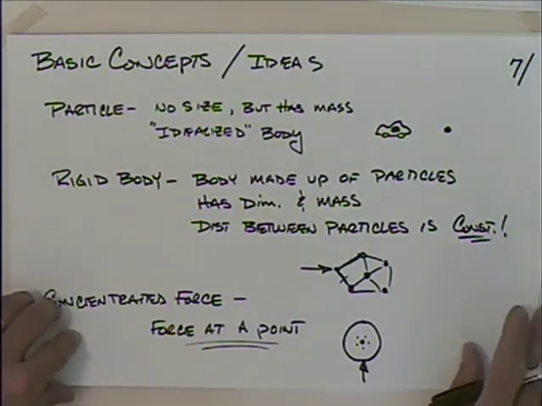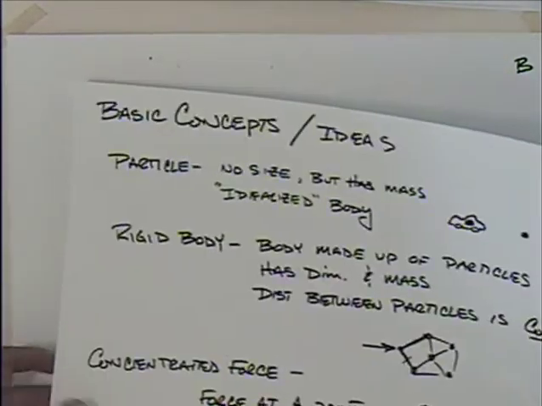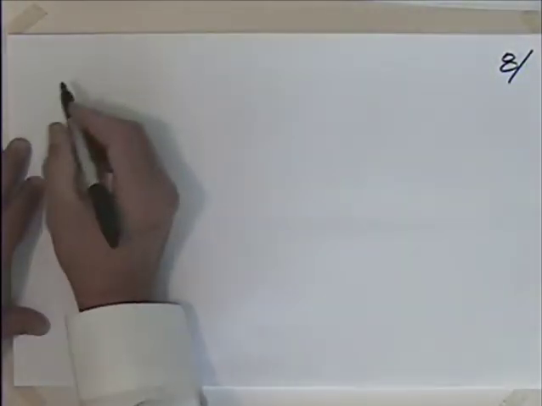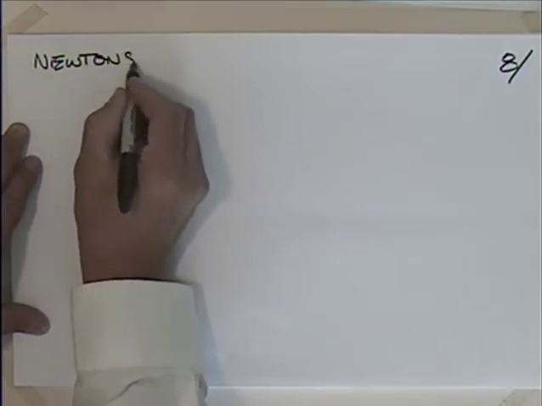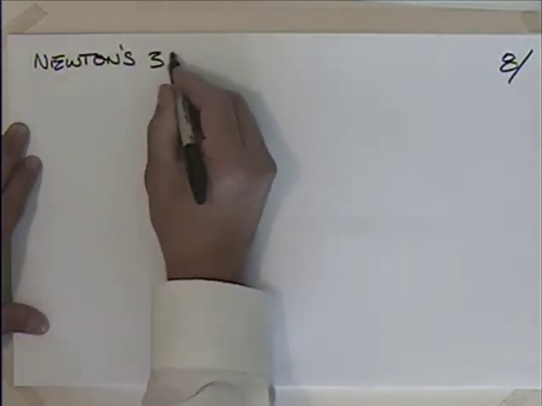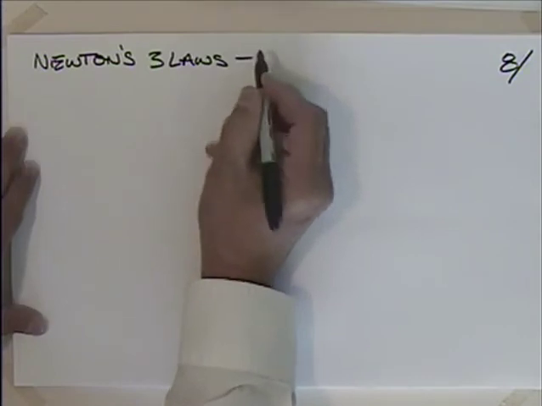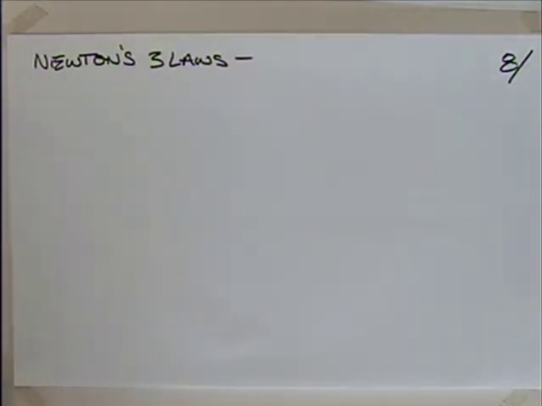Well, some of the other things we need to talk about is some basic laws. We're going to turn to Newton's laws. With Newton's laws, you can look these up in your textbook. You probably find them in your physics textbook.